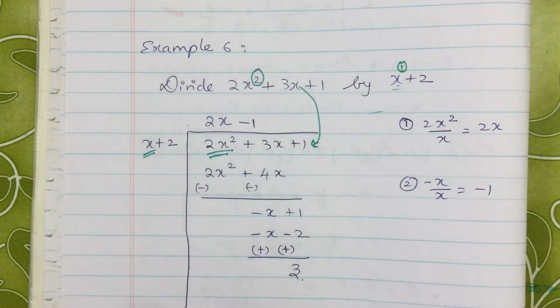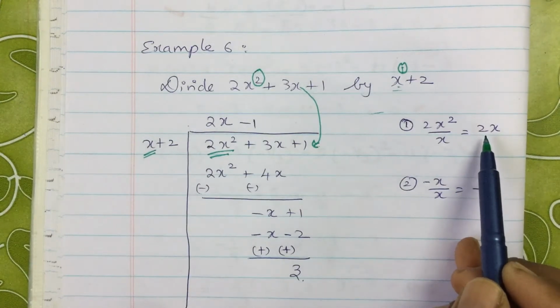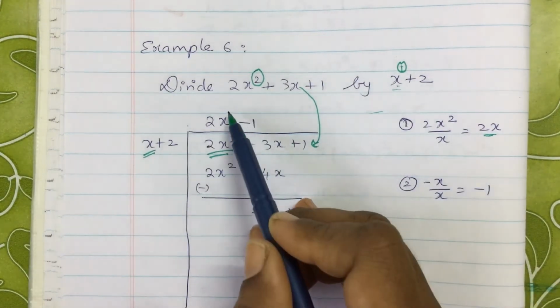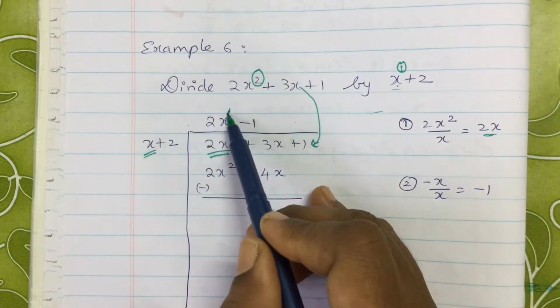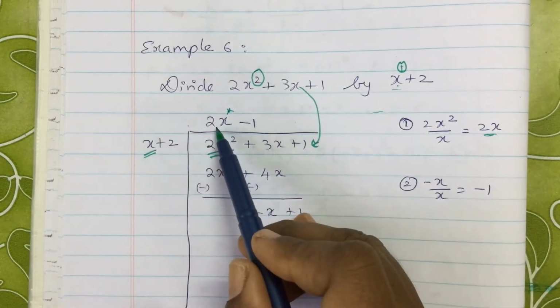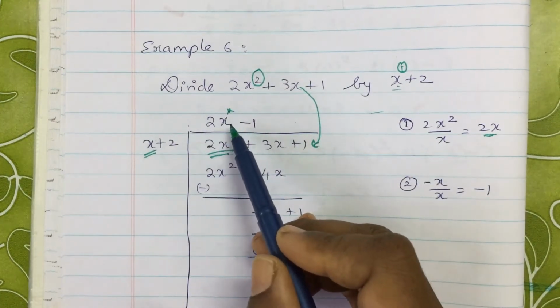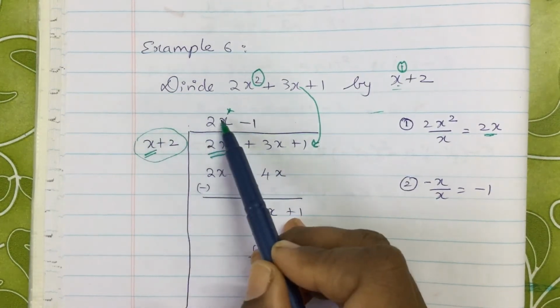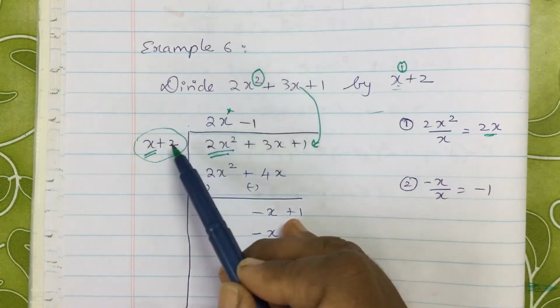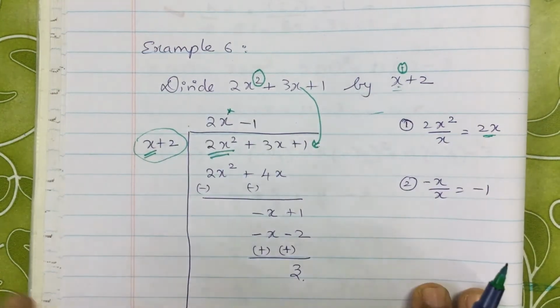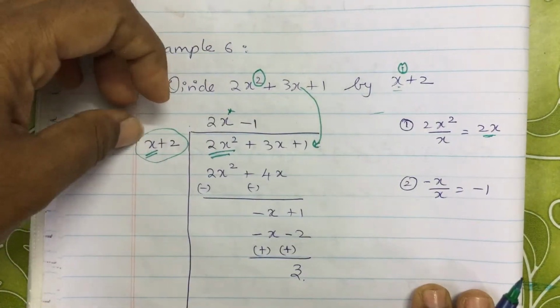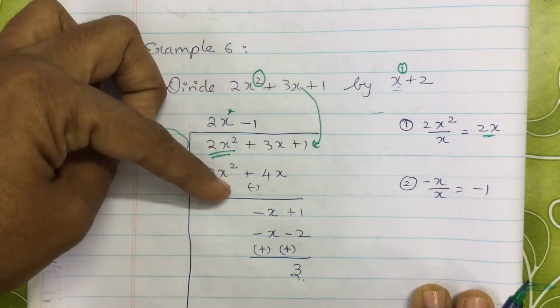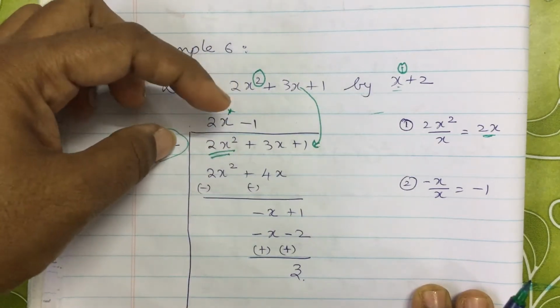After getting this 2x, I am writing it here in the quotient. After writing, just multiply the entire divisor by 2x. On multiplication, you keep your fingers like this. x into 2x will get you 2x square, and then go to the second term.